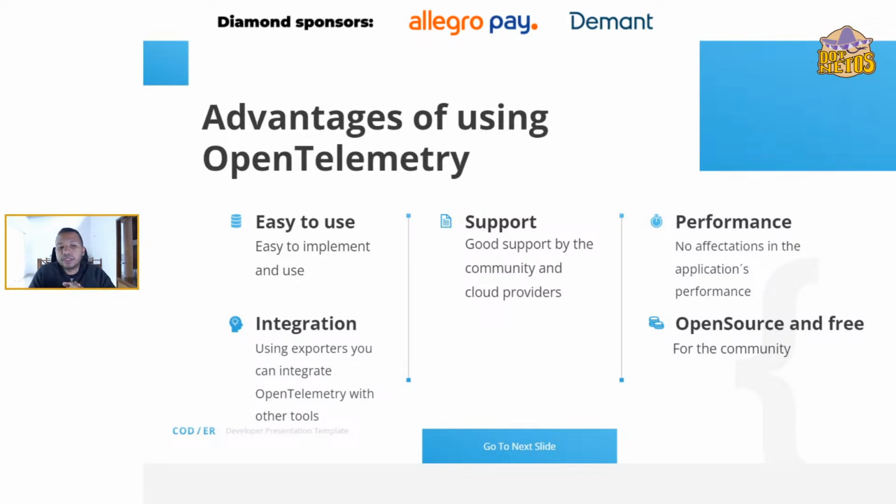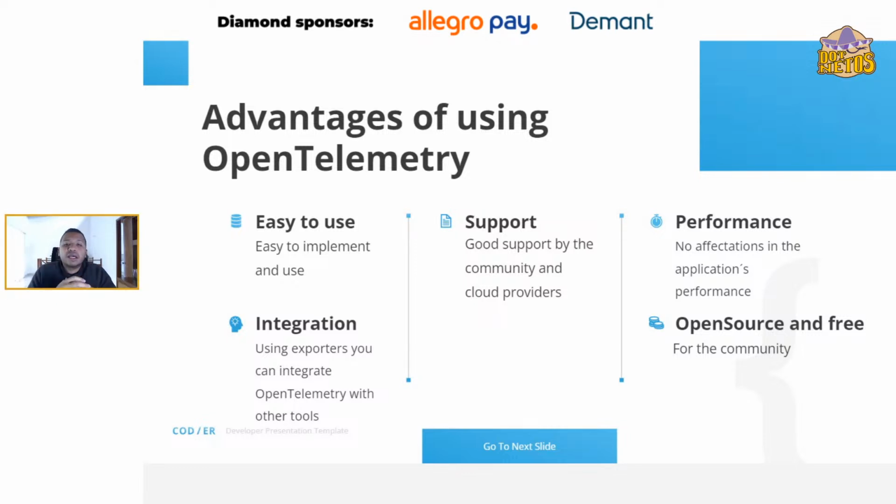We have the option to use exporters in OpenTelemetry. It's very important to mention that as well. We can integrate OpenTelemetry with other tools, like, for example, Azure Insights, Google Monitor, that kind of tools.